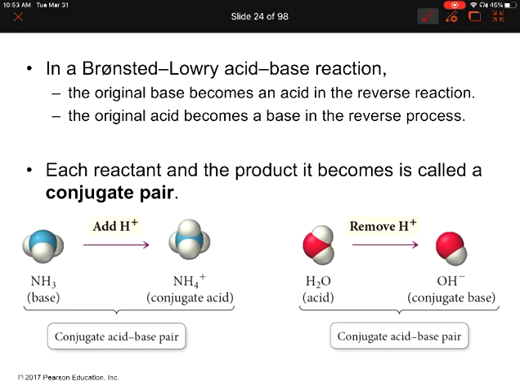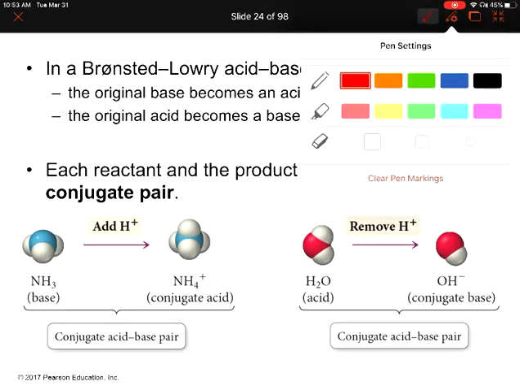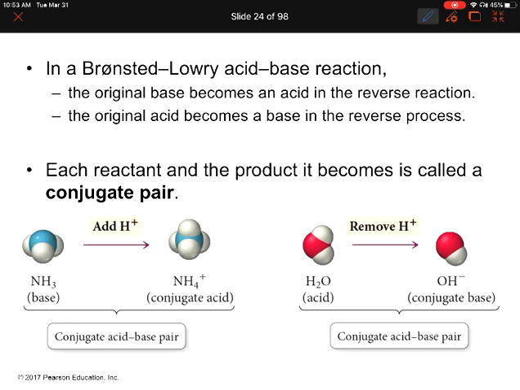So now if we look at those conjugate pairs, you'll notice that NH3, which was in our reactants, has gained a hydrogen and become the ammonium ion. So initially we had 3 hydrogens, and then we gained a hydrogen, and now we have 4 hydrogens.